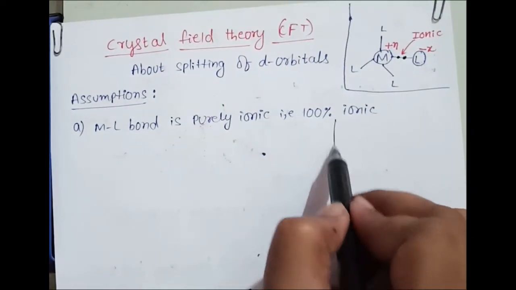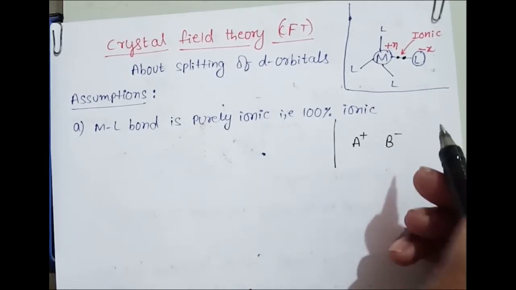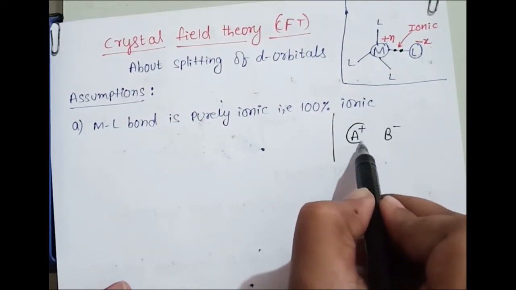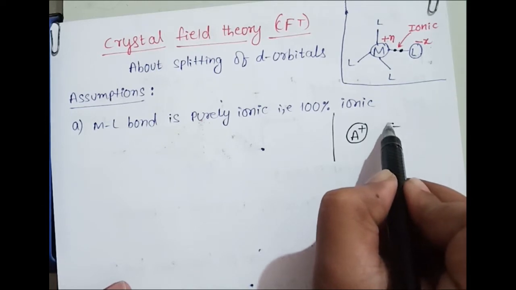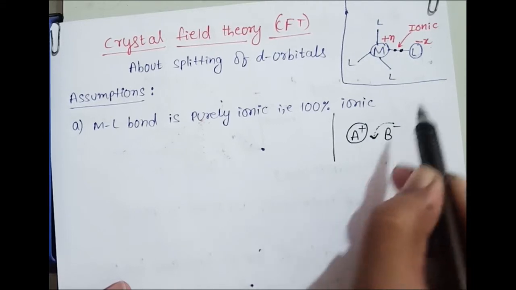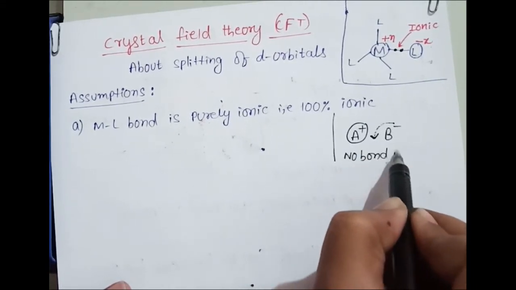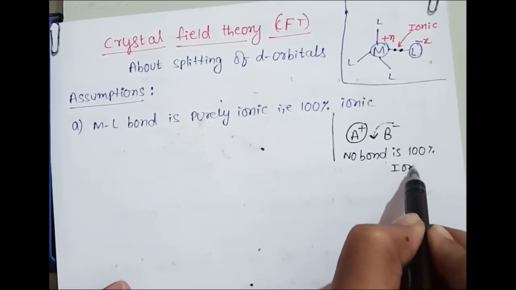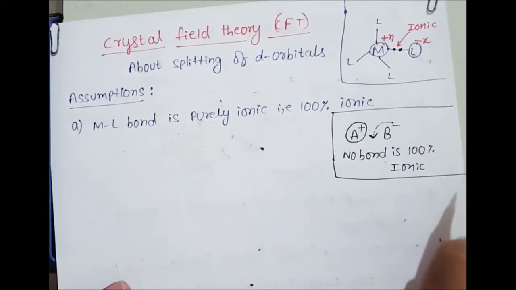I'll explain here. If you take a positive charge A plus and B minus, it cannot be 100% ionic, because the positive ion will bring the electrons towards the middle, and it has a tendency to form a covalent bond. So no bond is 100% ionic or purely ionic. But these people ignored the covalent nature.